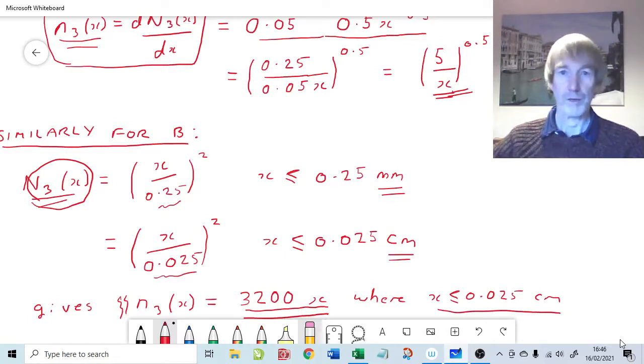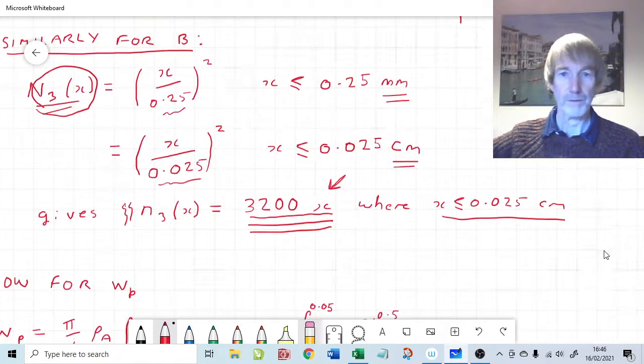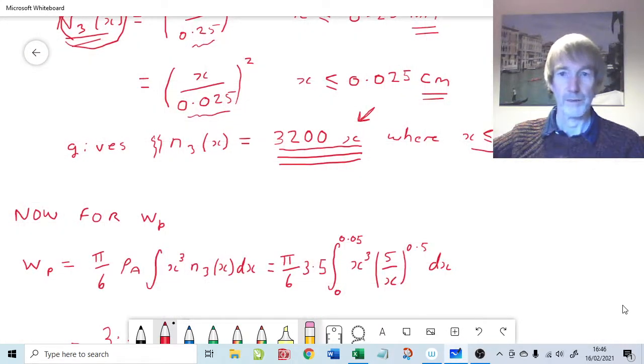So excellent. We have our two equations then for little n3x, that equation for component A, this equation down here for component B. Right, we can now use these.